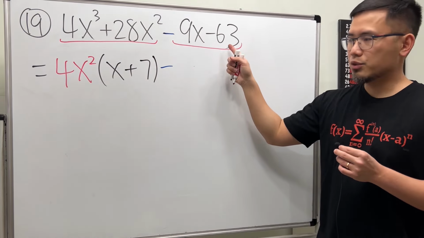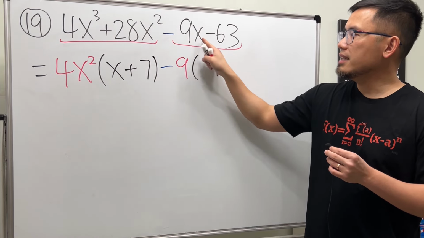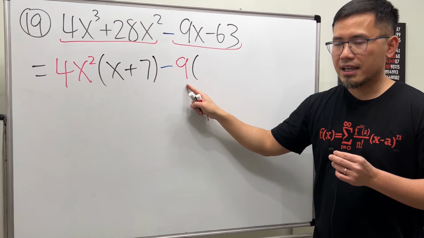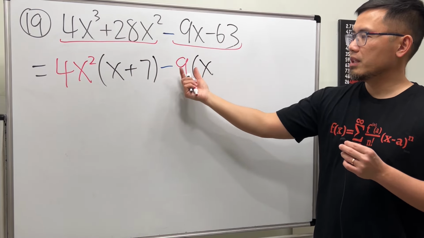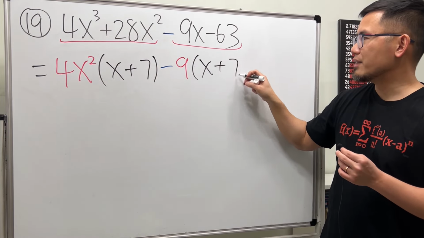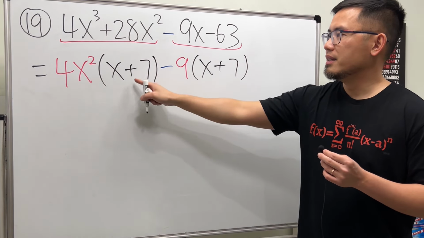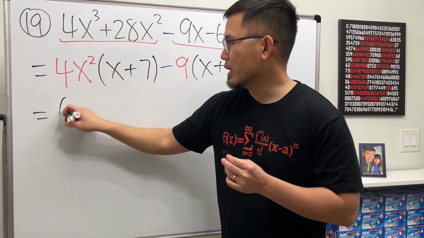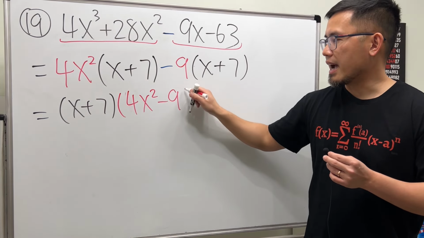9 and 63, we can factor out a 9. And then negative 9x divided by negative 9, we have positive x. Negative 63 divided by negative 9, we have positive 7. Negative divided by negative gives us positive. This and that, they are the same. So we have x plus 7, times x squared minus 9.